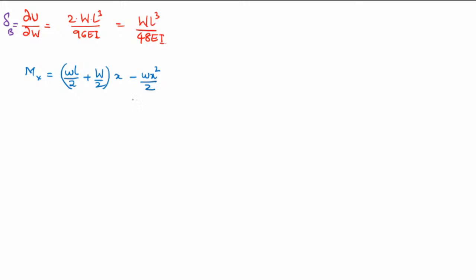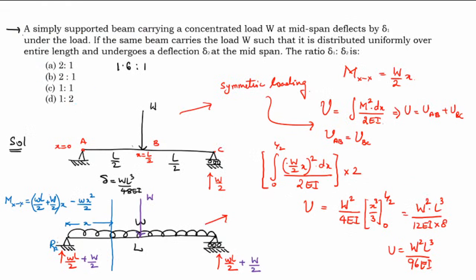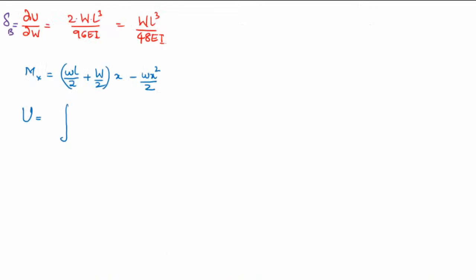Right. Now what I can do here is, strain energy is equal to, now put the limits as 0 to L by 2. This is the x equal to 0 location, and this is the x equal to L by 2 location. So 0 to L by 2.